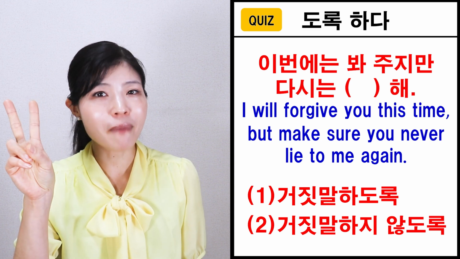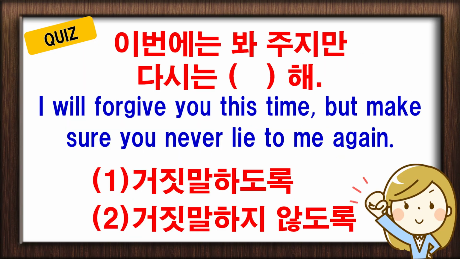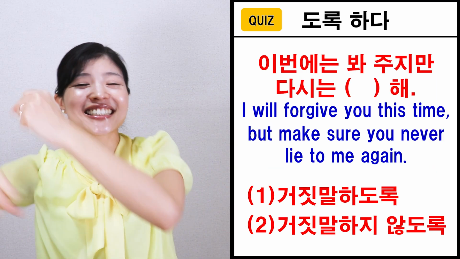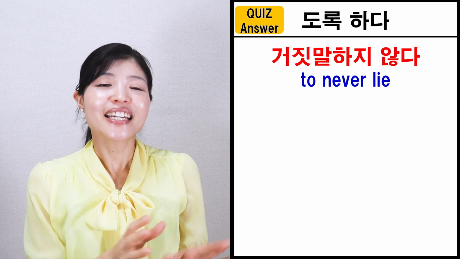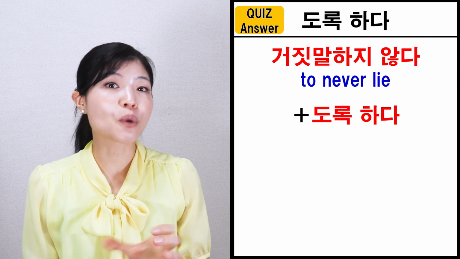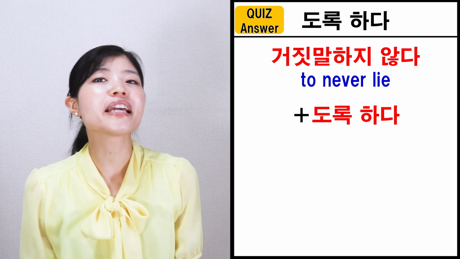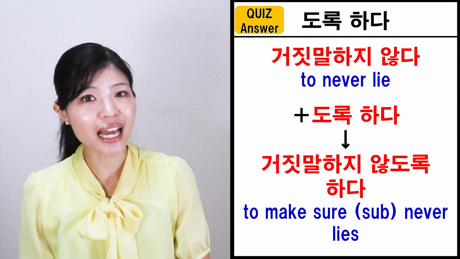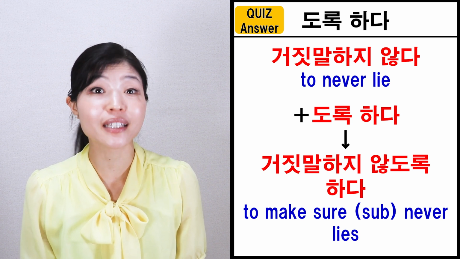Number 2, 거짓말하지 않도록. The correct answer is number 2. Here, 거짓말하지 않다 means to never lie. You add 도록 하다 to the stem to make 거짓말하지 않도록 하다, to make sure the subject never lies.